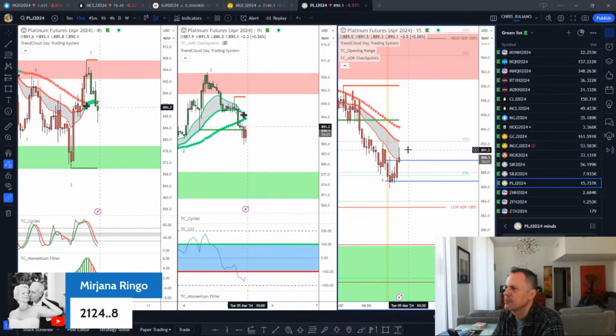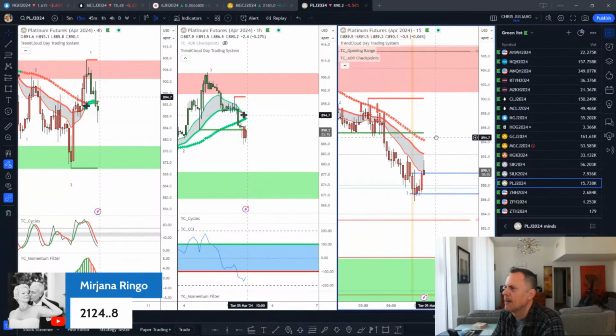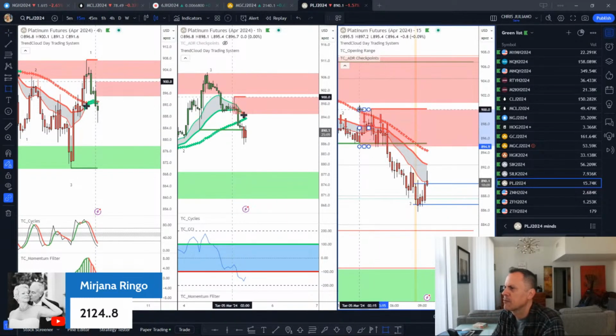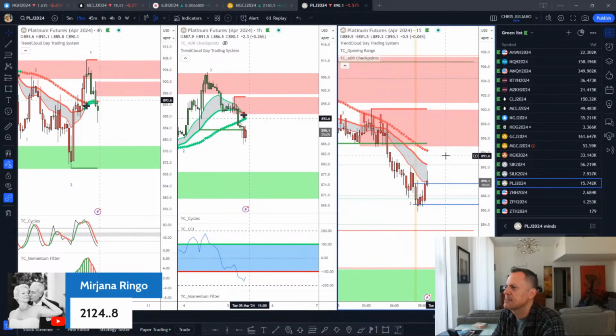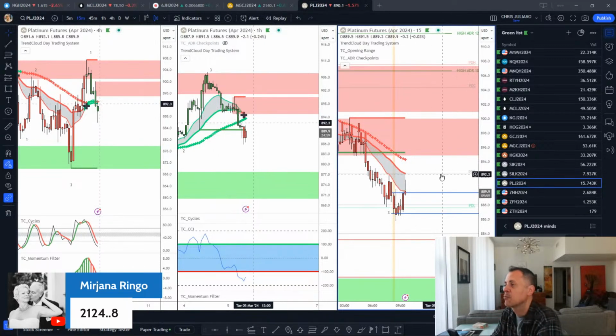Pulling back into TrendCloud. We've got some early signals here, 5 o'clock in the morning. Could we retest? You know how those TrendCloud signals like to be retested. Very possible. Pulls up here for the retest.